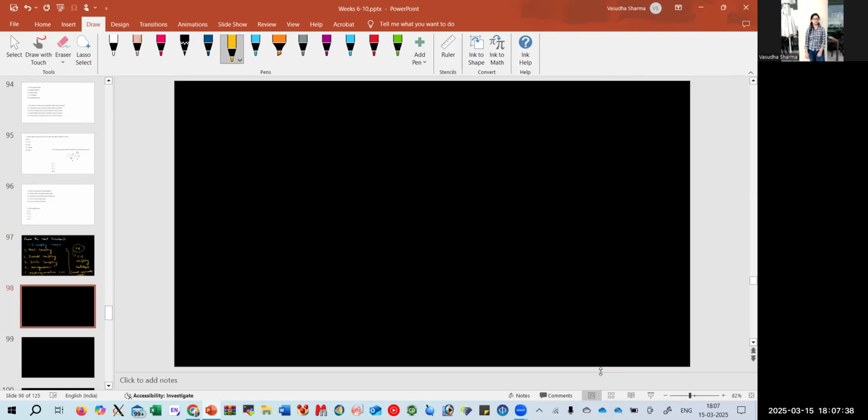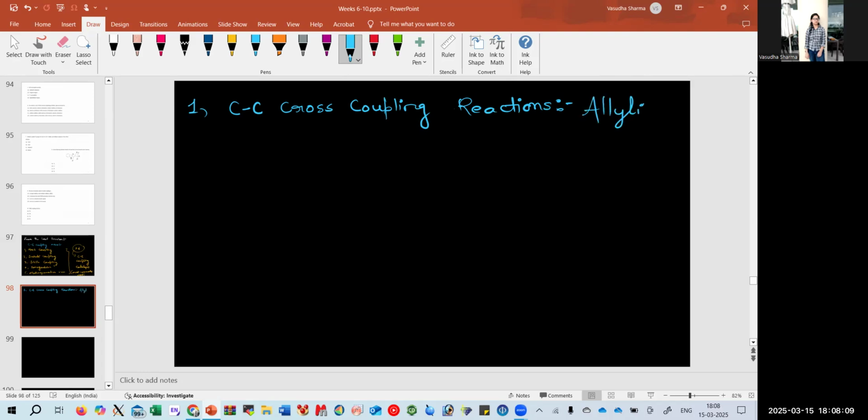Now, from the last session, we were talking about the difference between the catalytic and the stoichiometric fashion. We will not go into the details again. So we will start our first topic of discussion, that is C–C, carbon-carbon cross coupling reactions, and specifically allylic alkylation.